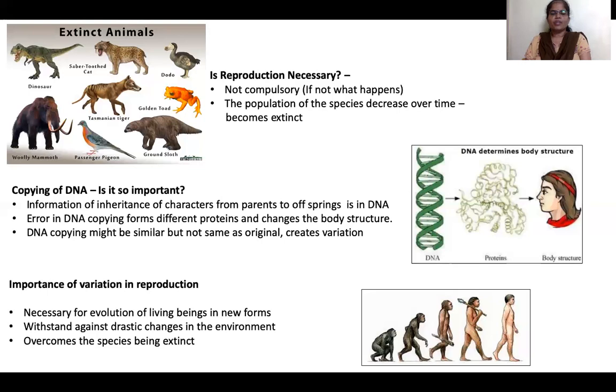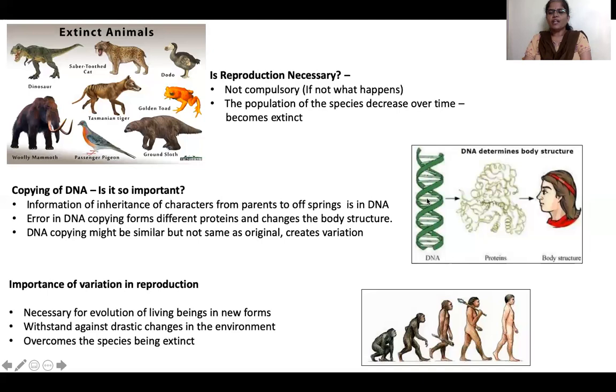Why should DNA be copied from parents to offspring? Because information of the characters passes from parents to offspring through DNA, as information of those characters is stored in the form of DNA. So information of characters passes from one generation to another generation through DNA.